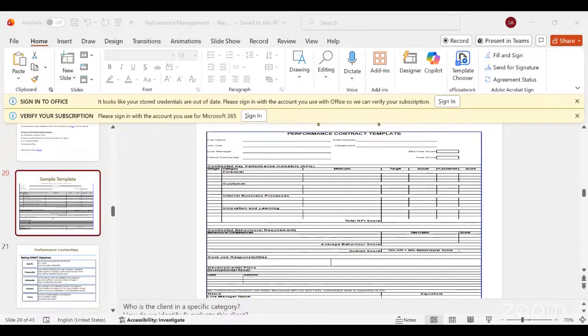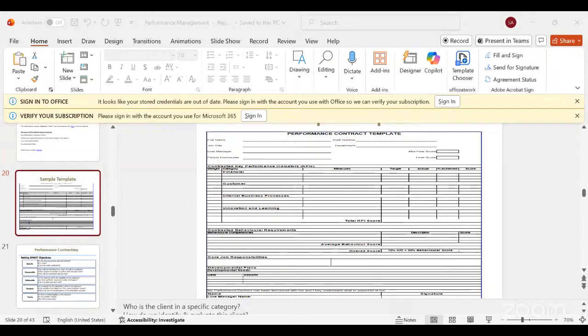When you go under internal business processes, for this particular employee, the KPI is timely processing of requests, and the target is 90%. Okay. When you go under innovation and learning, where the development and growth of the employee comes to play, the target set for this employee is participation in training and improvement initiatives.